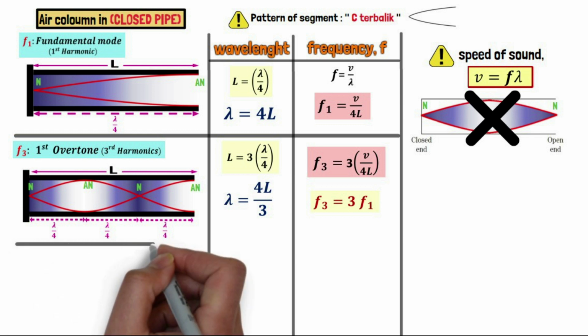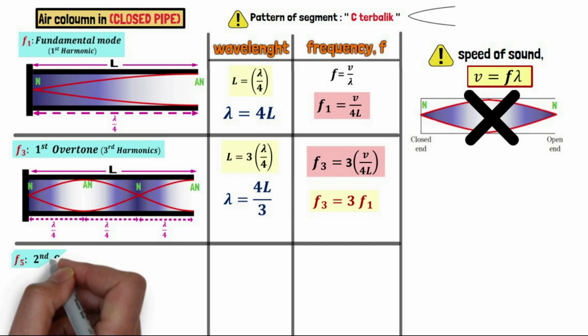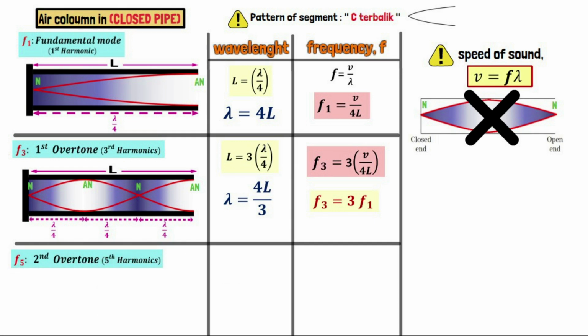Boleh? Next, let's proceed to the third pattern, which is fifth harmonics. Ingat ya, tak ada second harmonic untuk closed pipe dan tak ada fourth harmonics untuk closed pipe. Kalau ada fourth harmonics, nanti the pattern of the standing wave, kita akan dapat note di bahagian open end of the pipe yang kita dah discuss tadi.